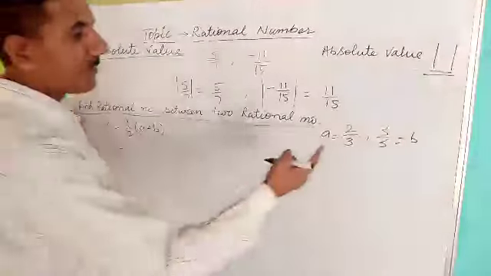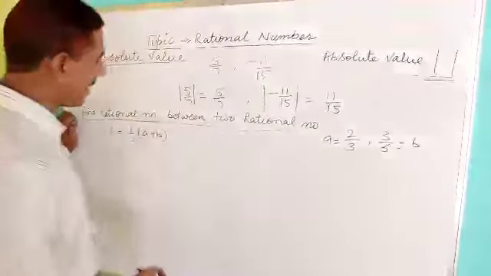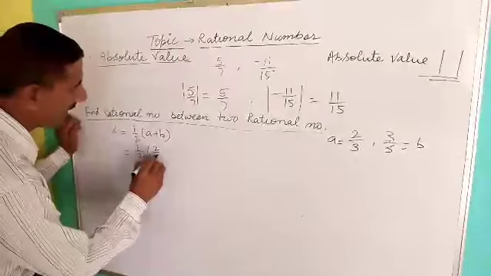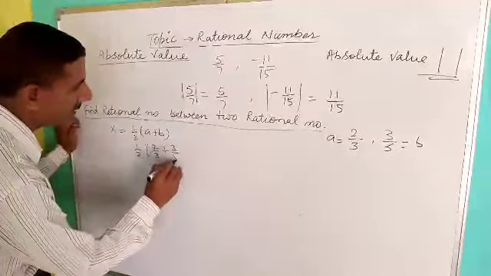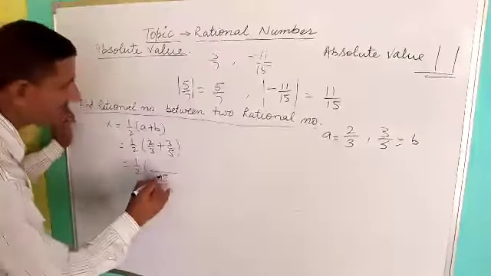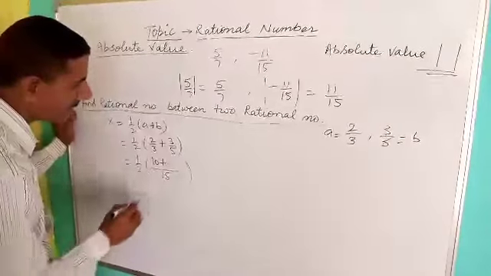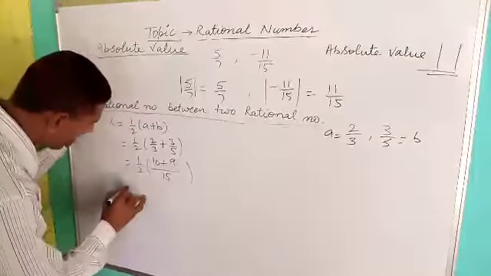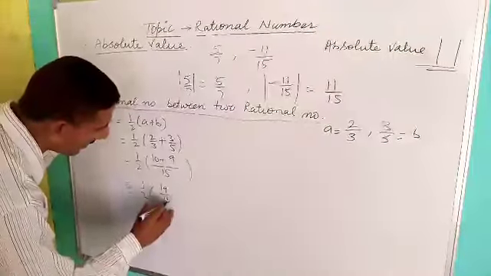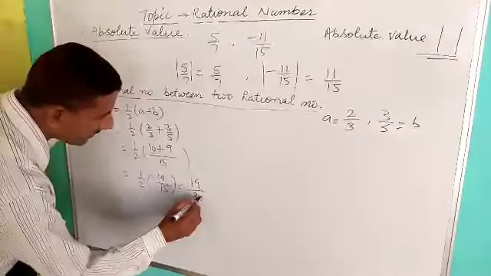So when we want to find one rational number between 2 by 3 and 3 by 5, then put the formula: 1 upon 2 into 2 by 3 plus 3 by 5, and 1 by 2 into LCM 15, 3 5 is 15, 5 2 is 10 plus 5 3 is 9, and after solution you get 19 upon 15, multiply it by 1 by 2, 19 upon 30.